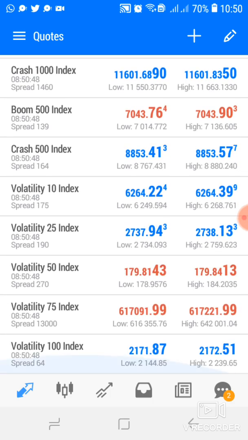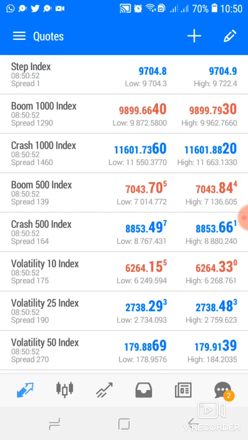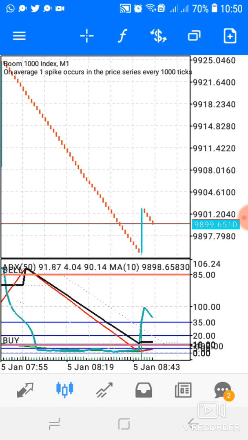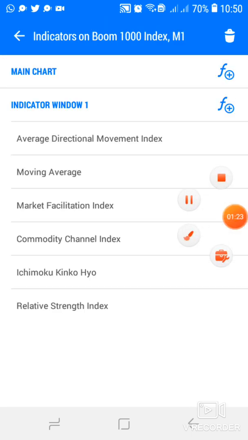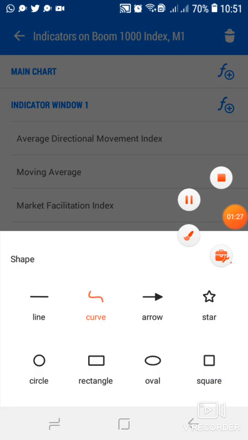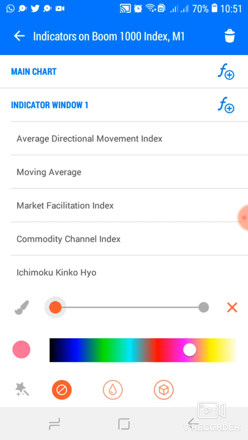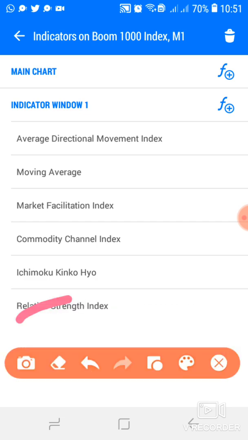We will need to add only two indicators. We will only need to add this Ichimoku and RSI.